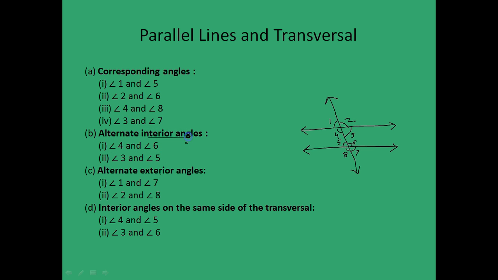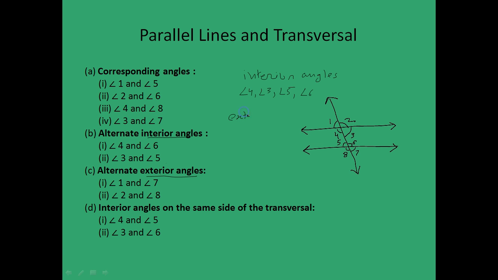Also, there is a broad category. We were talking about interior angles and exterior angles. They themselves are defined. So interior angles in this case would be 4, 5, 3 and 6, basically these angles here, because they sort of lie in the interior of this geometry. Not very strictly, but they do.